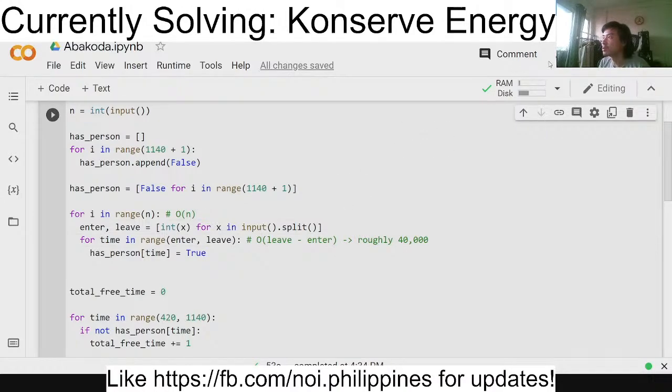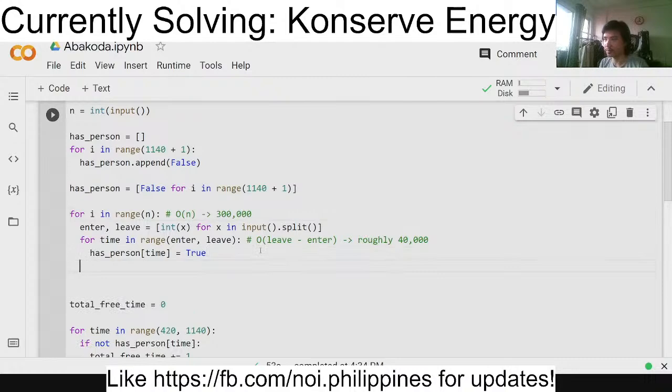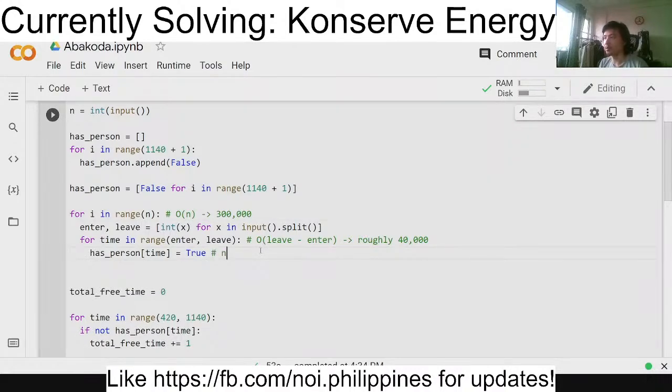N is, I believe, 300,000. Okay, so if you take that together, this one actually runs, need to do this operation roughly.